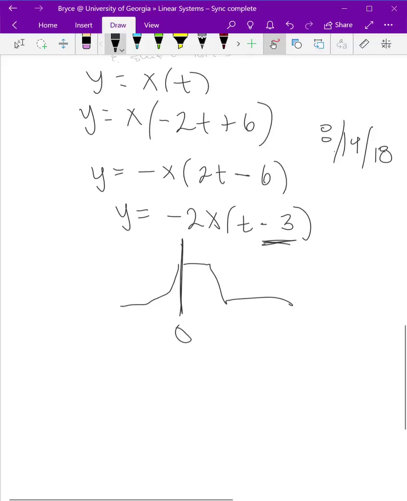We're going to have a compression, so we're also going to compress that, and we're going to shift everything over 3 units to the right.